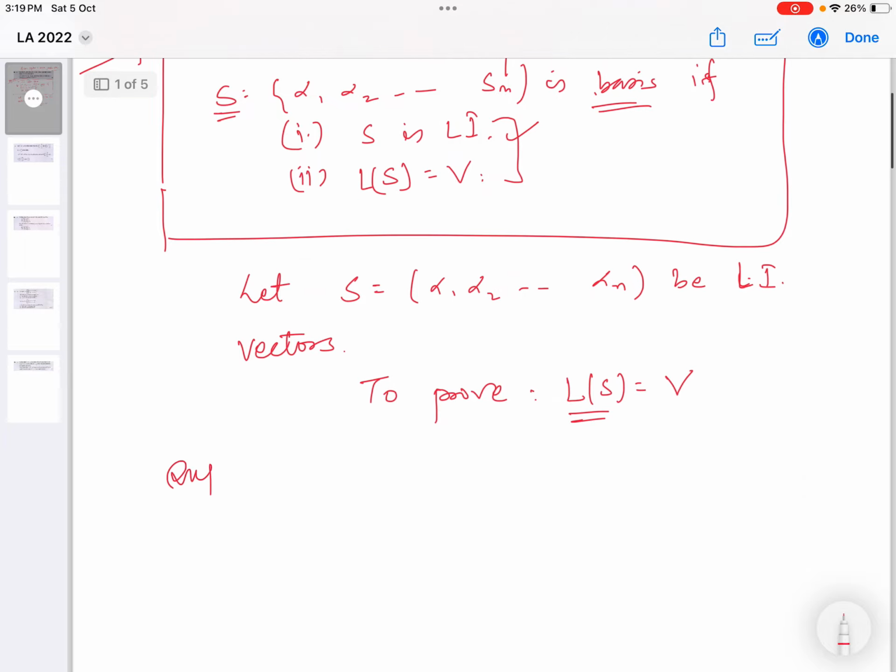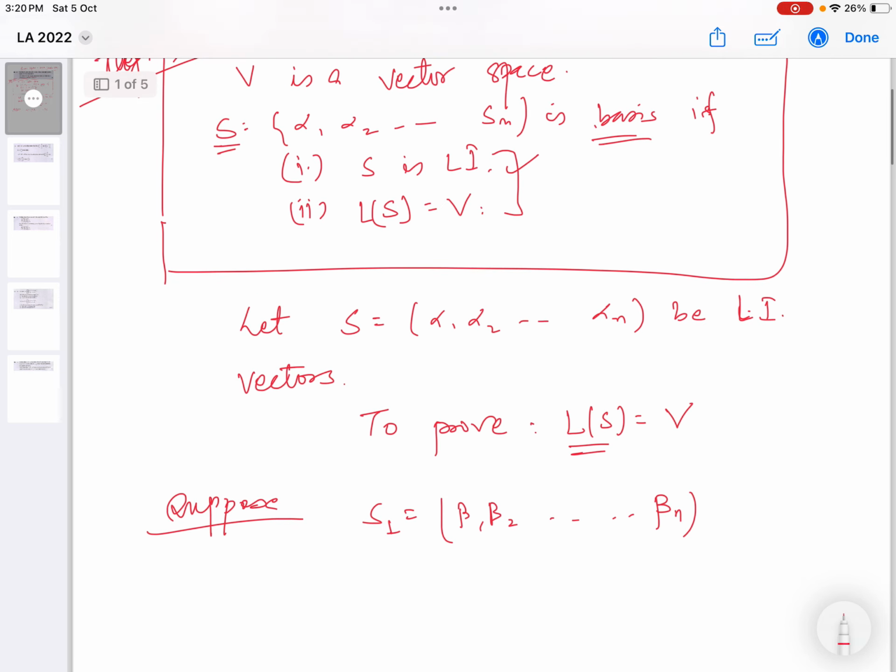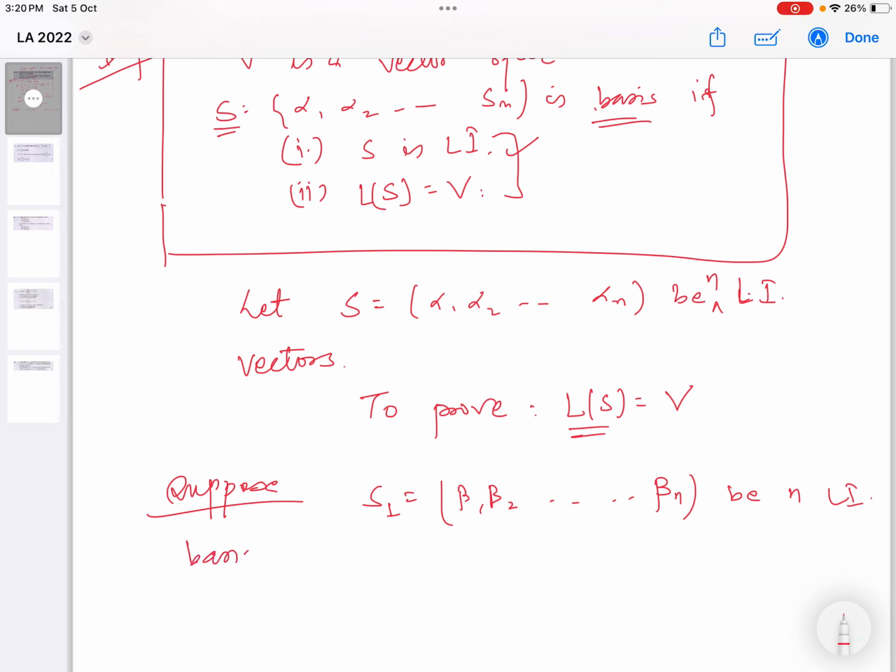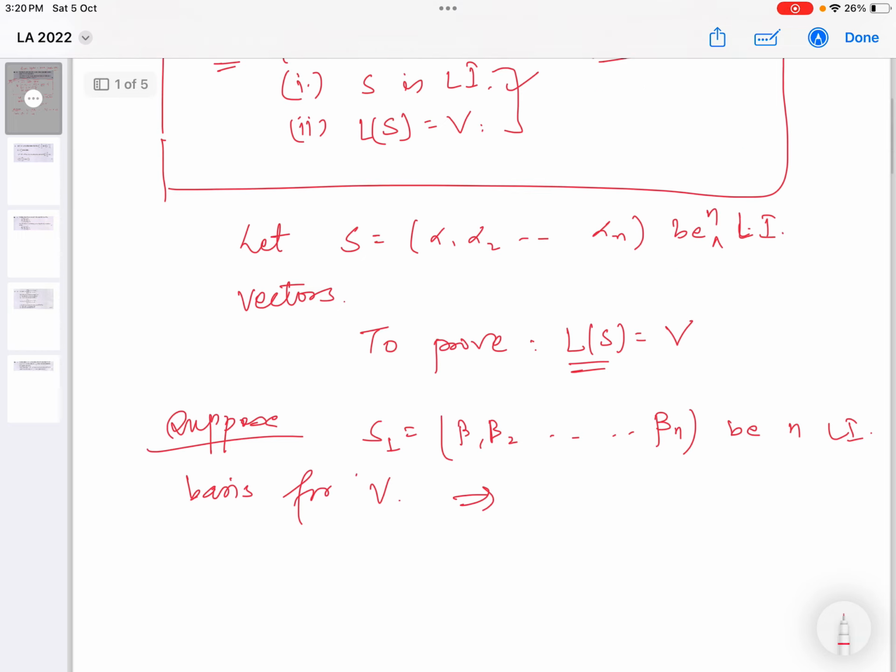So suppose S1 of beta 1, beta 2, so on up to beta n be n linearly independent basis for V. तो this implies that चूँकि ये basis हमने माना है, तो we can say that L of S1 is V, and also S1 is linearly independent, and also linear combination of S1 is equals to V. So we are done. So S1 is basis.